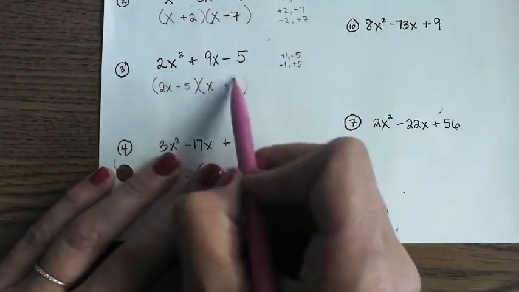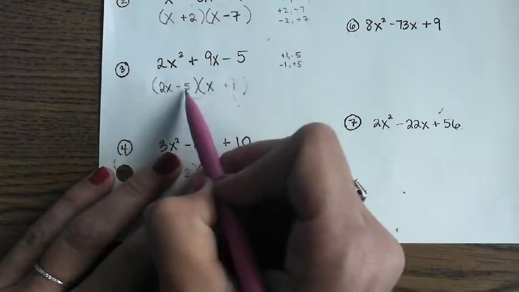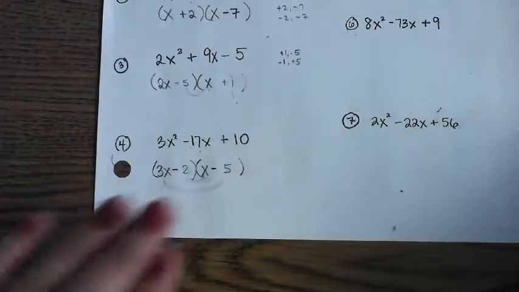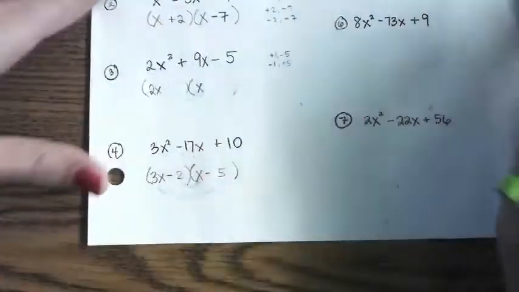So that's 2x, right? And that's negative 5x. Does 2x minus 5x work? That's actually worse, right?